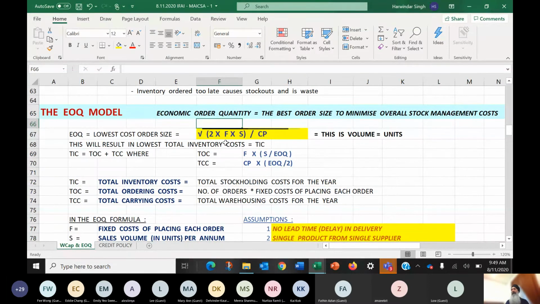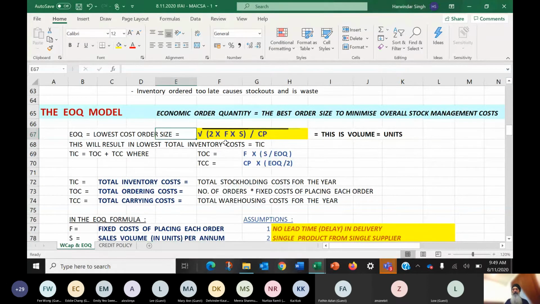Of course, because you're doing planning, so this is projected for the coming quarter, coming year, whatever, divided by CP, where CP is the cost of storing or warehousing one unit for 1 year. Yeah, that's CP. Now, if we put all this data into this formula, then you will get what we call the overall minimum costs.